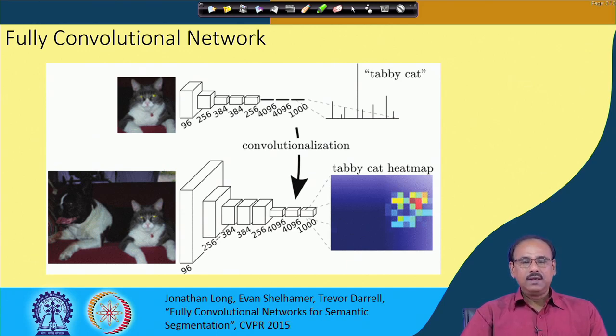So, earlier we have seen the convolutional neural network, or deep convolutional neural network, and we have seen that deep convolutional neural networks are basically used for classification or recognition purpose.